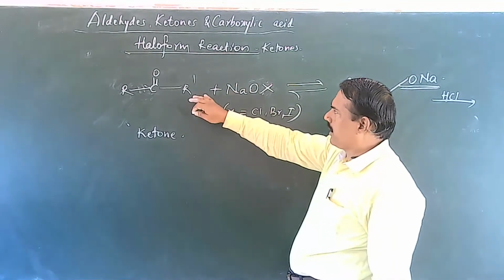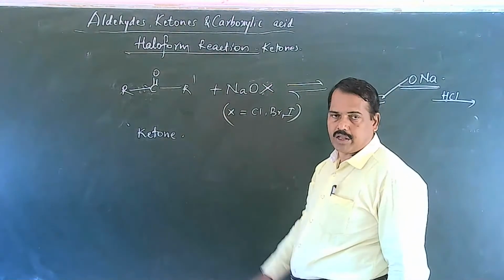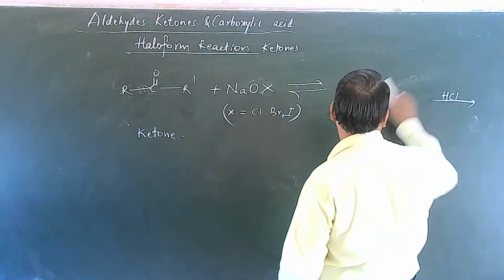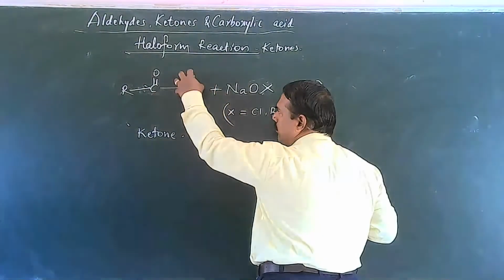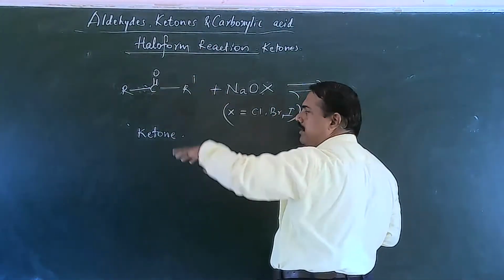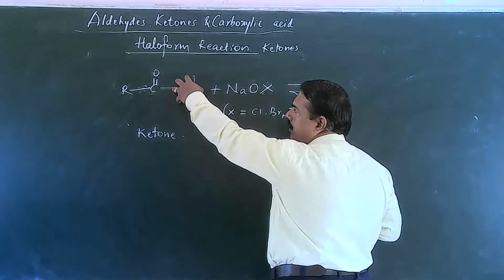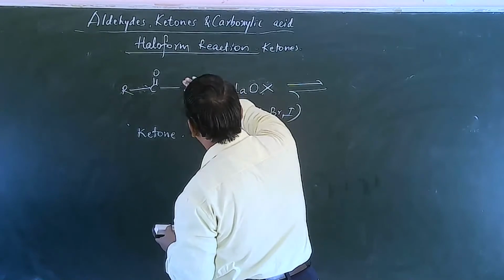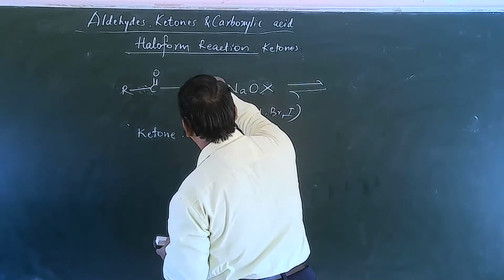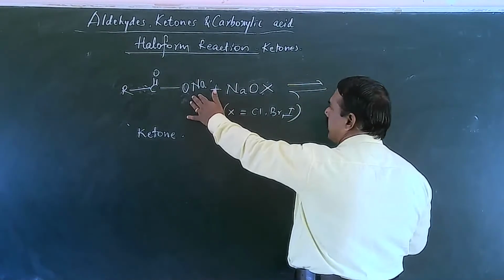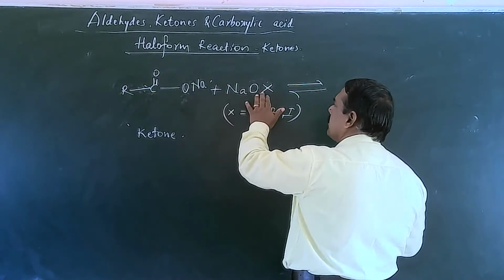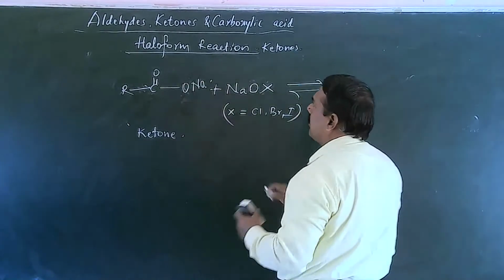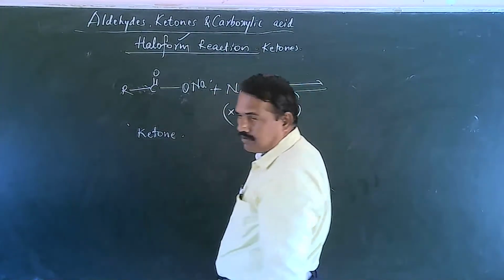Are you clear? So these types of reactions are called haloform reactions. In a haloform reaction, one of the methyl groups is completely eliminated. Here ONa will add, and X will combine here, and this particular reaction is called the haloform reaction.